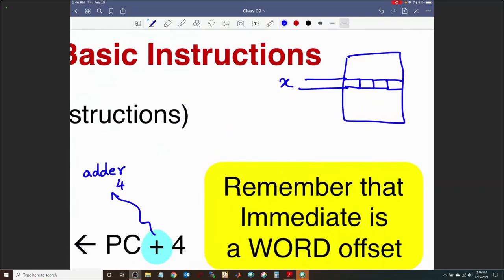If I come down to the next one, it would be X plus 4. And that's what I would update the program counter with. But if I multiply the whole thing by 4, then it's like 4PC equals 4PC plus 4, isn't it?